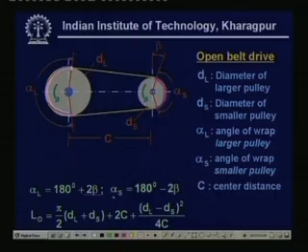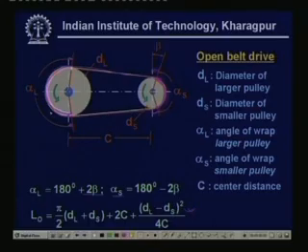In a similar fashion, alpha S is given by 180 degrees minus 2 beta. And L0, the belt length, the entire belt length, comes out to be pi by 2 times (DL plus DS) plus 2C, plus a further term in this fashion.